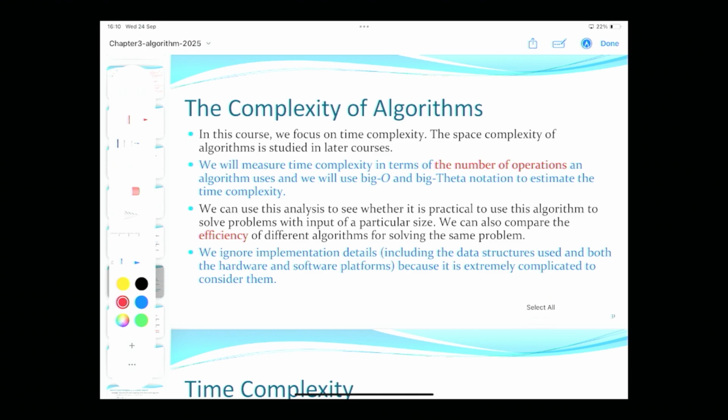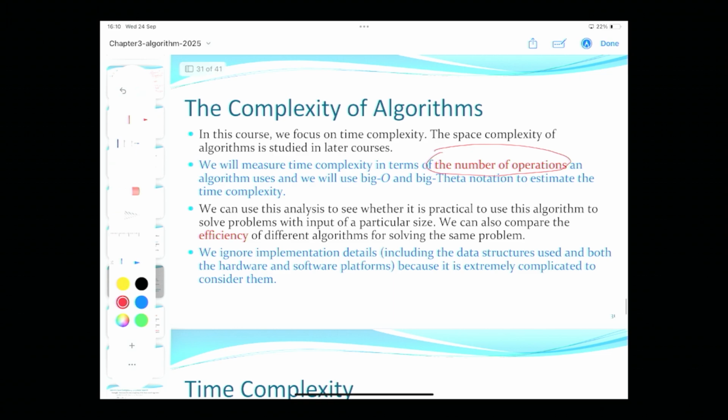So the time complexity is about the number of operations that the algorithm uses in solving the problem, like how many additions, multiplications, comparisons, as in linear search and binary search that we're going to discuss next.